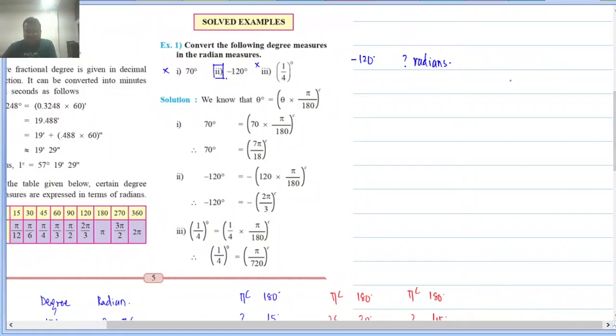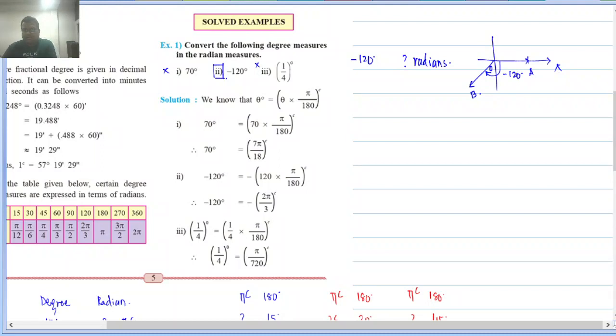Okay. So when the angle is minus, one arm of the angle is along the positive x-axis and the angle rotates through clockwise direction, and this is 120, therefore it is minus 120. Angle AOB is minus 120.